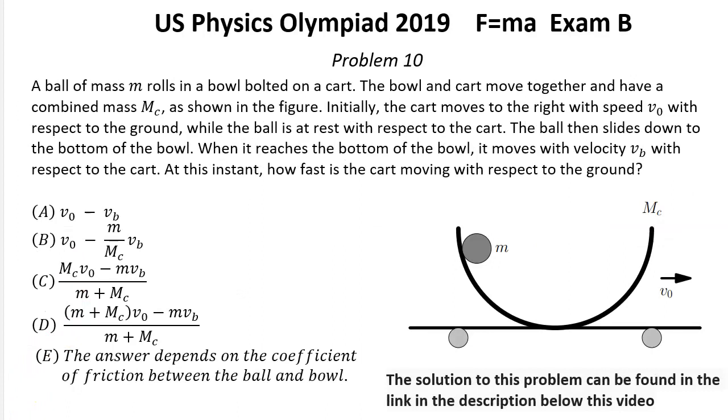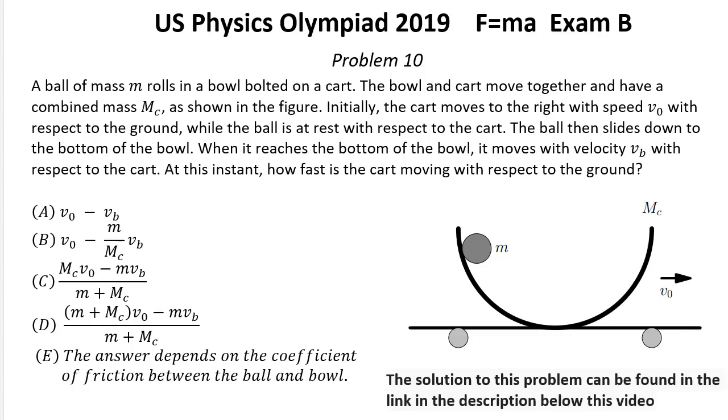Problem number 10. A ball of mass small m rolls in a bowl bolted on a cart. The ball and cart move together and have a combined mass mc as shown in the figure. Initially the cart moves to the right with the speed v0 with respect to the ground, while the ball is at rest with respect to the cart.